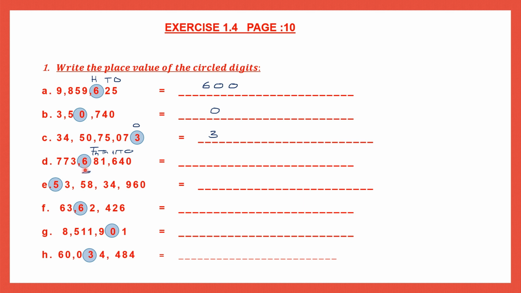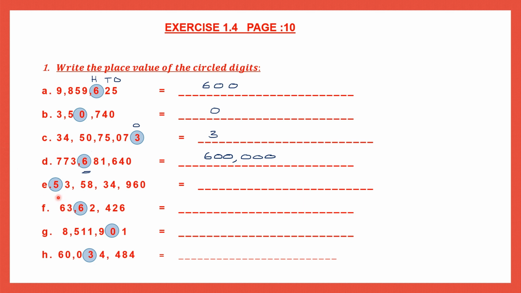So this is the international system. That means 6 is in the 100,000s place. So 6 into 100 is 600, and 1000 has 3 zeros. So the place value of 6 is 600,000.